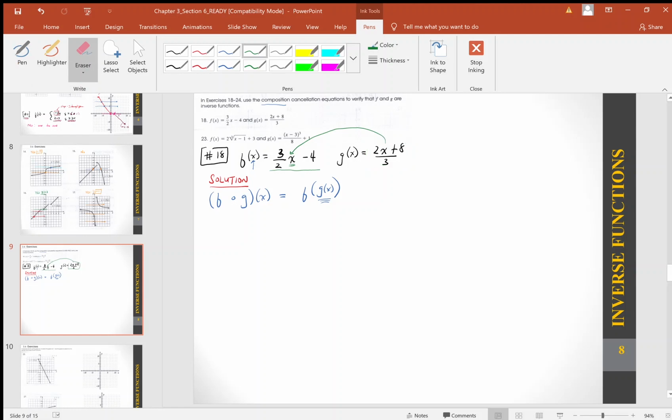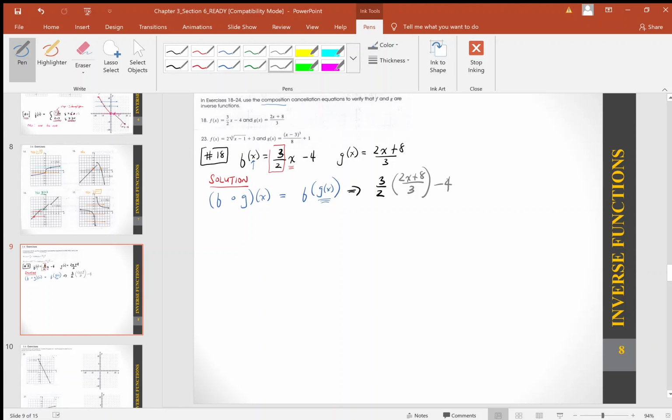So let me just clean this up a little bit. What happens now is we're going to get 3 over 2, which is this right here. And now for this x, I'm going to bring this 2x plus 8 divided by 3 into there. It's going to be 2x plus 8 divided by 3, right? Then minus 4.